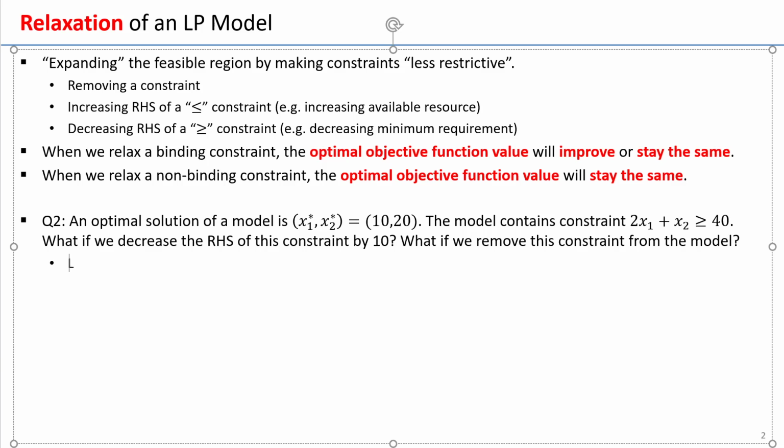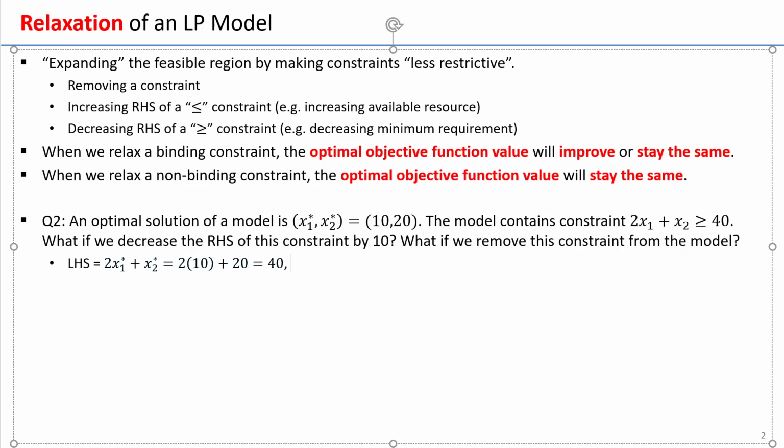But this time, if we calculate the left-hand side value, plugging in the optimal solution x1 star, x2 star, so 2 times 10 plus 20, it will be 40.